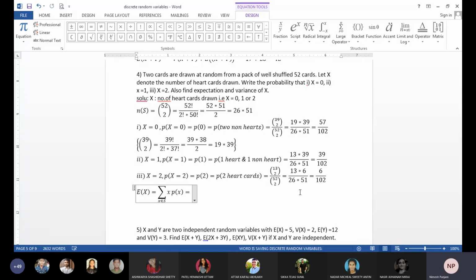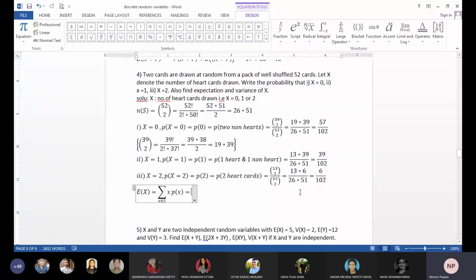तो the 3 probabilities are clear. Anyone has any doubt in the 3 probabilities? No, sir. Okay. Aishwarya, are the 3 probabilities okay? Yes, sir.